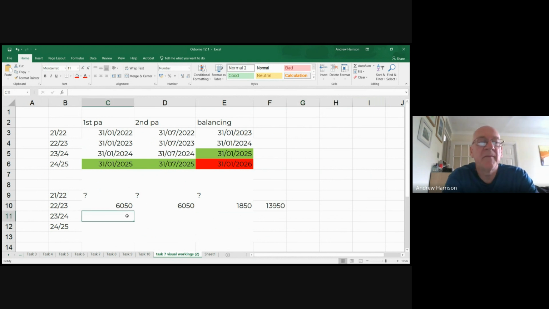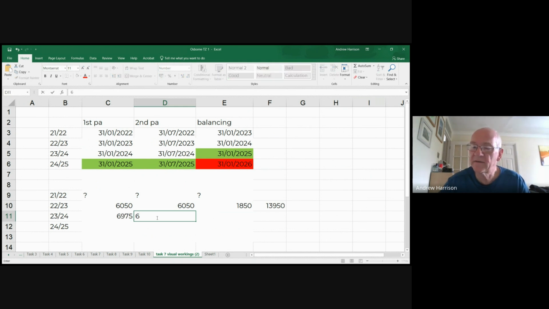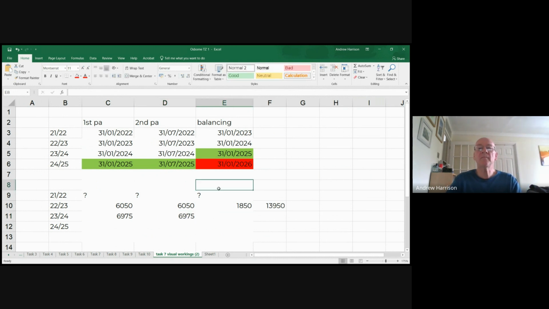So our payment on accounts will then, for the next year, be half of the 13,950. $6,975. And now we're going to be interested because this figure is going to come up.